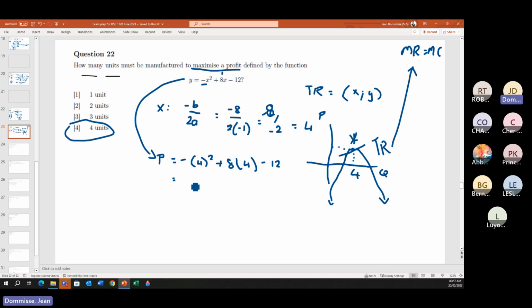So 4 times 4 is 16. So it will be minus 16 plus 32 minus 12. Fascinating. 28 minus 28 plus 32.